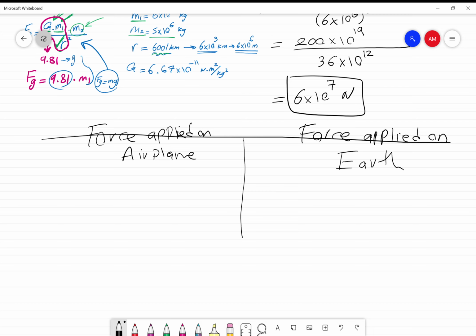So airplane, we know that the force being applied on airplane is equal to 6 times 10 to the power 7. We also know, this is the force of gravity, we also know the force being applied on Earth is equal to also 6 times 10 to the power 7 newtons. The force is the same.